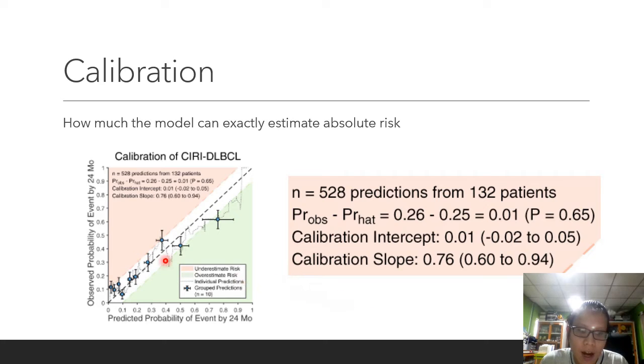You will see in the graph here, they used groups of 10 patients and calculated the observed probability and the probability predicted from the model, and plotted them on the graph, with the x-axis as predicted probability and the y-axis as observed probability, and this one is from a moving average. So we have a lot of points here, and they did 528 predictions from 4 time points from 132 patients.